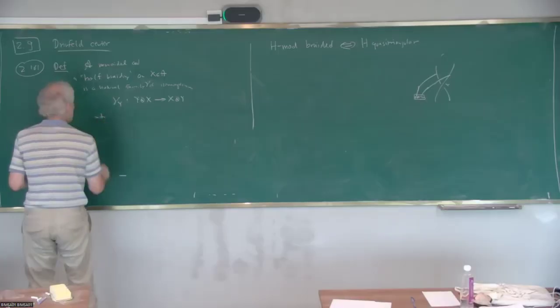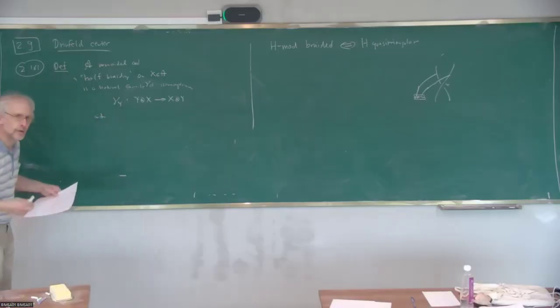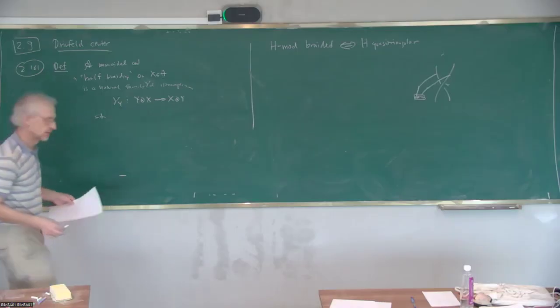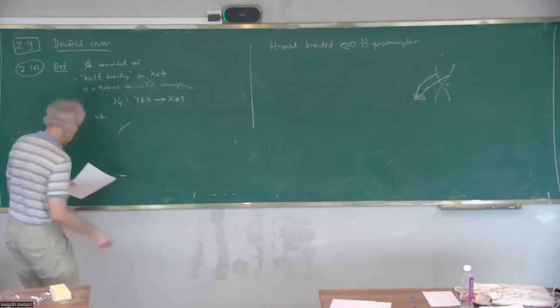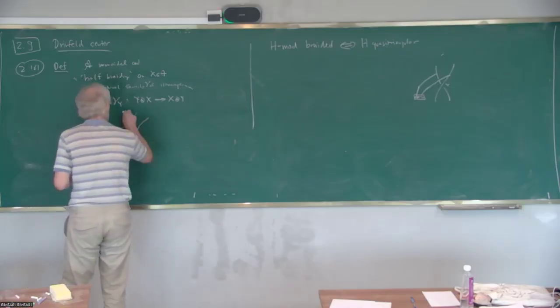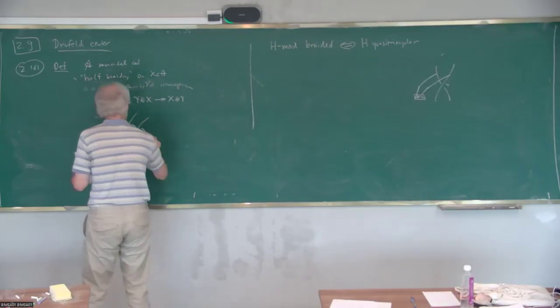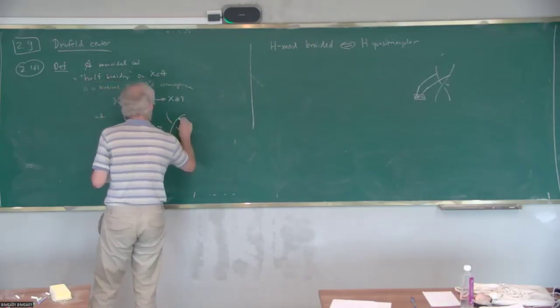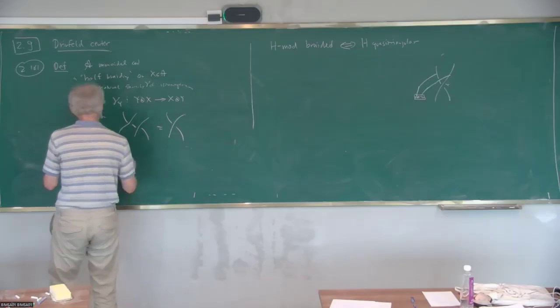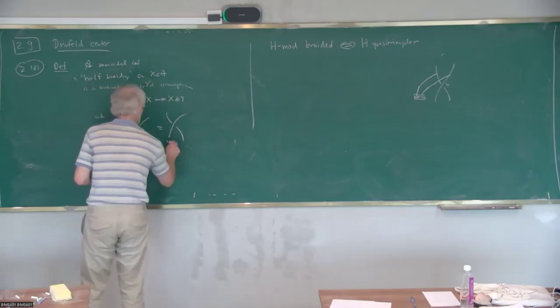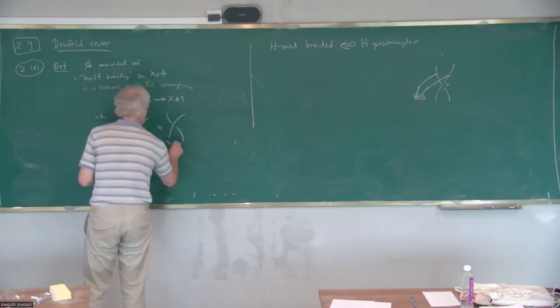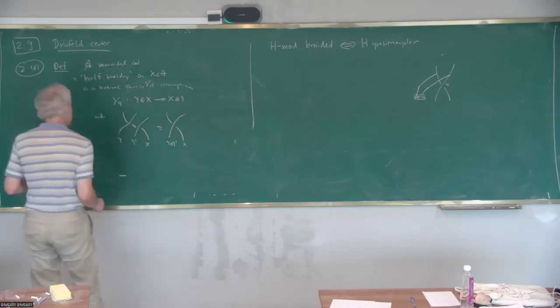such that, and now I require one of the two hexagons, and let me just draw it first. So we take Y prime, and X, and here we take Y tensor Y prime and X again.